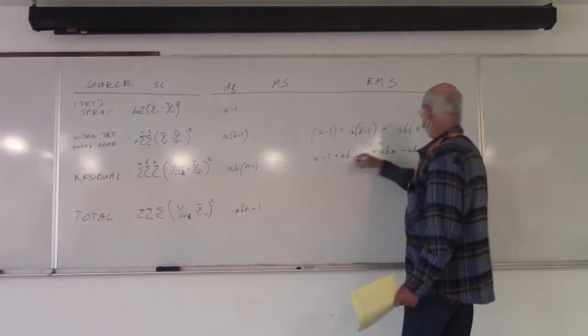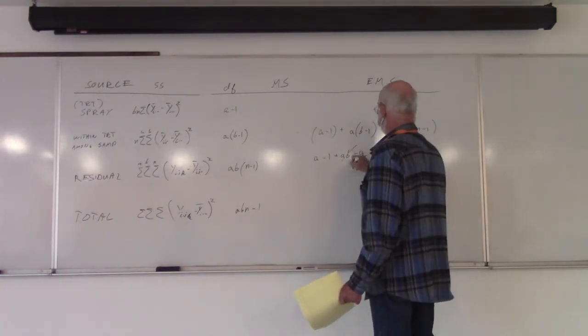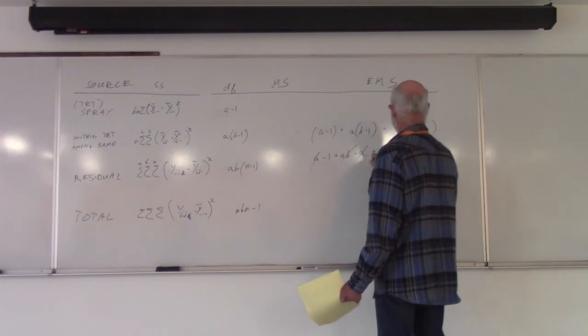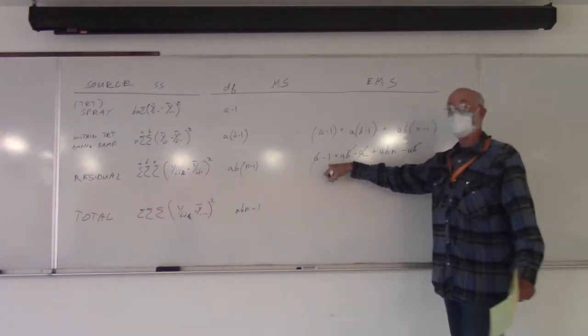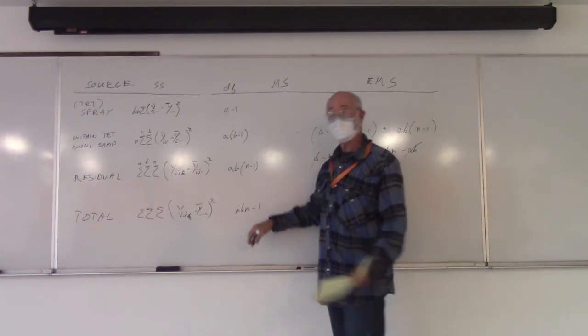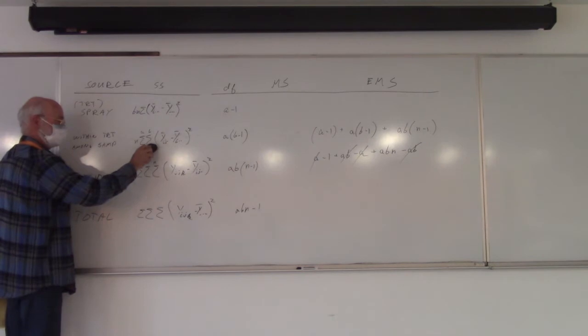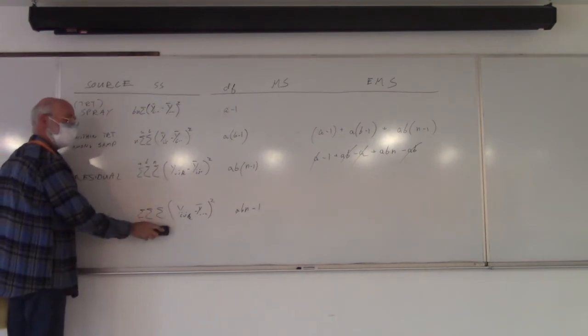So plus ab minus ab, a minus a, so abn minus 1. Yep. Just what I have right there. So it's additive. So that plus that plus that will also equal that.